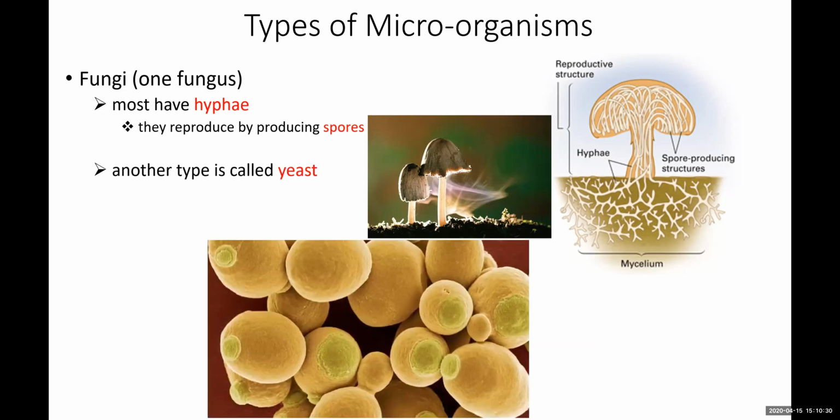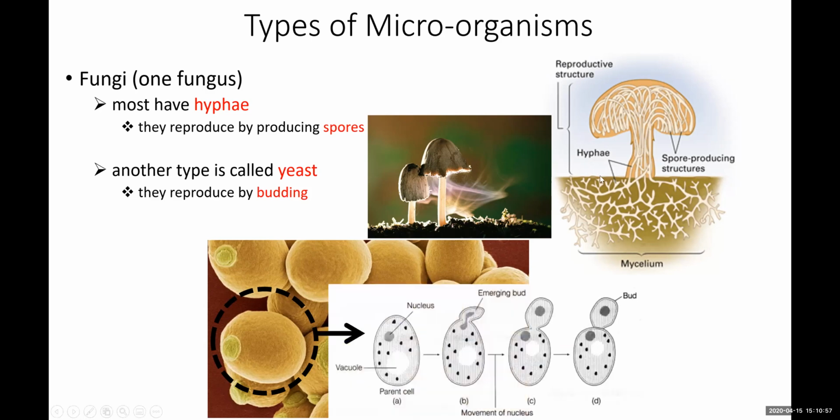The second type is called yeast. And now yeast does not have hyphae. These yeast have little balls, and they reproduce by budding. Now, as we can see, they have individual yeast, and on the left-hand side, we can see that tiny ball growing out of it. And that's what budding is, okay?